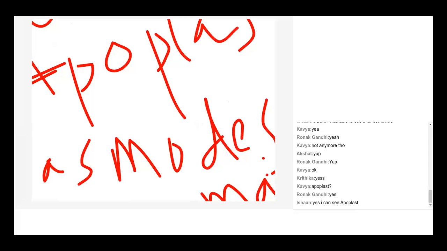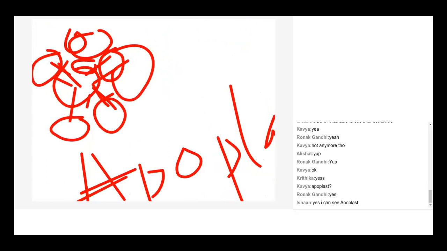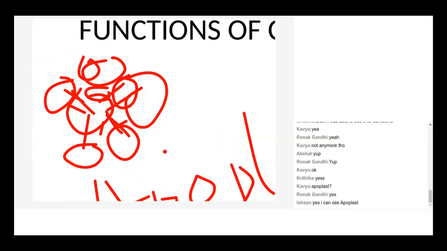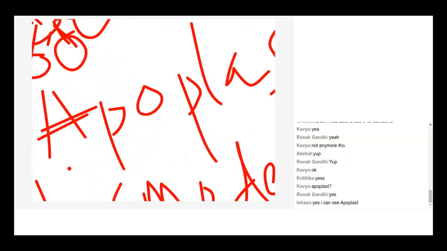So this plasmodesmata will make communication between the cells. The cell wall we basically assume as the cementing substance between each of the cells. So the cementing nature of cell wall is called apoplast character.